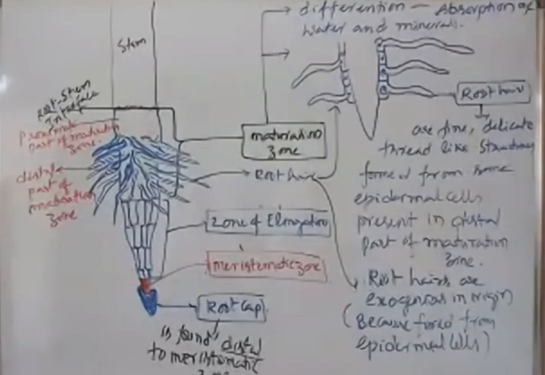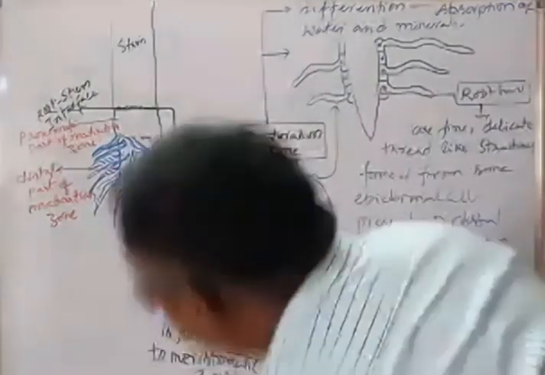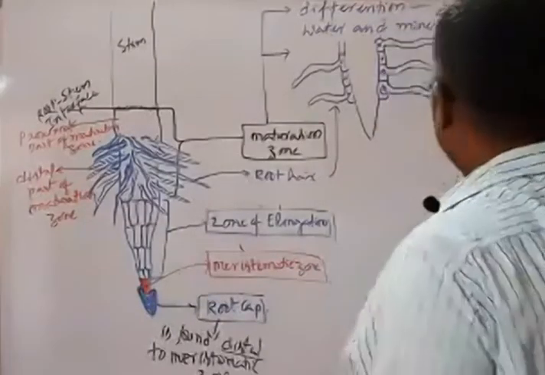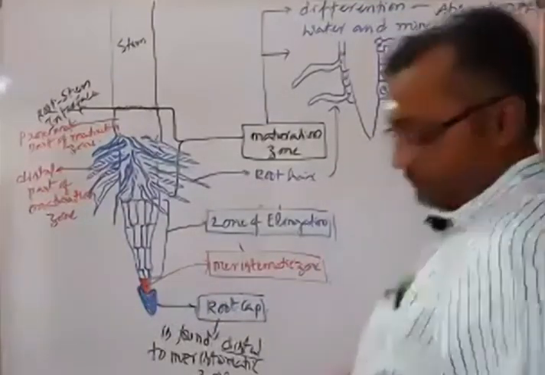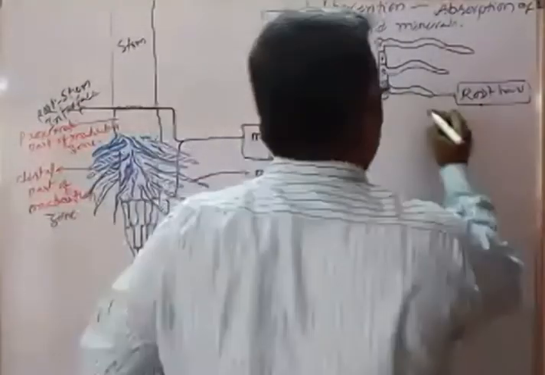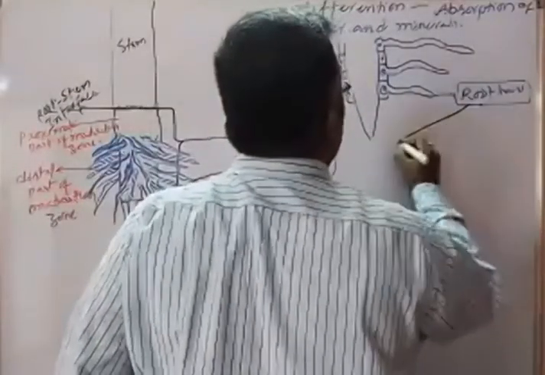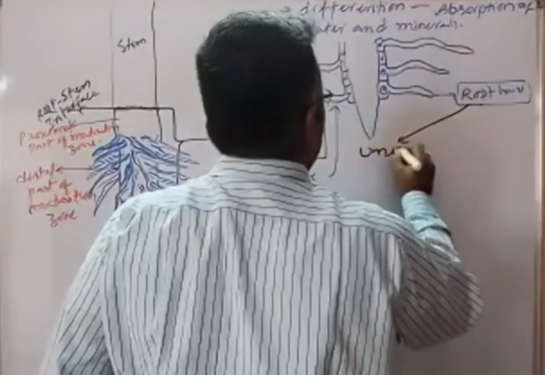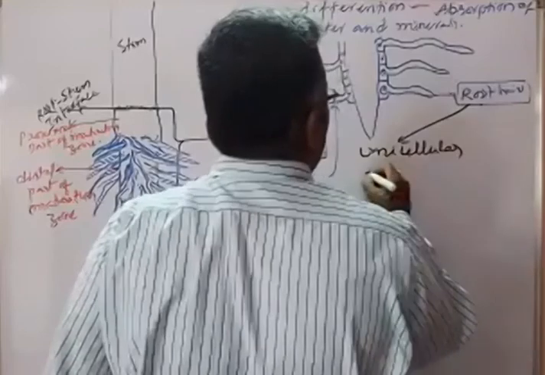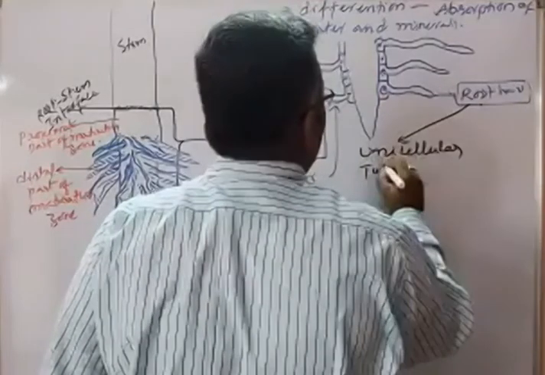Okay. Now I'll give you some more details regarding root hairs. Root hairs are unicellular, tubular extensions.